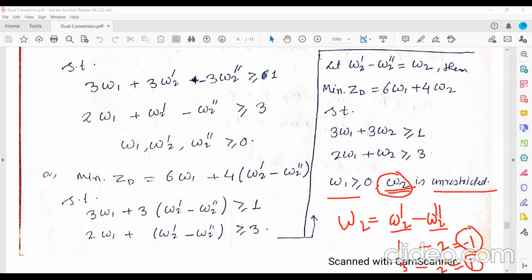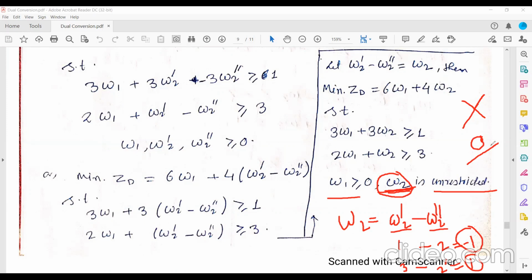Do you get my point? So that's why W2 is unrestricted. And if you write W2 greater than or equal to 0, then marks will be allotted only that much, even though all these are correct.